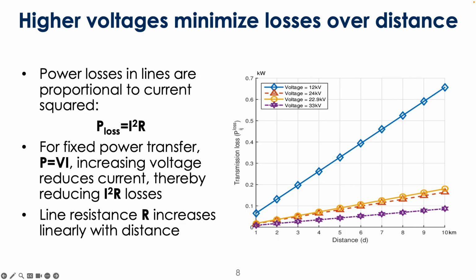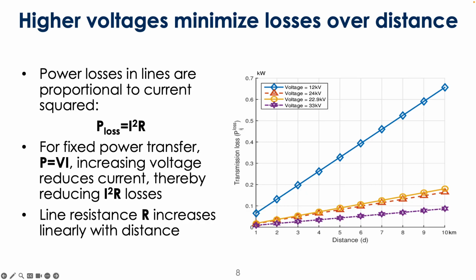So we did talk about this very briefly in lecture 1. The main reason why we have this difference in our transmission and distribution system is that those high voltages, in the tens of thousands, if not hundreds of thousands of volts, help to minimize power loss over longer distances.